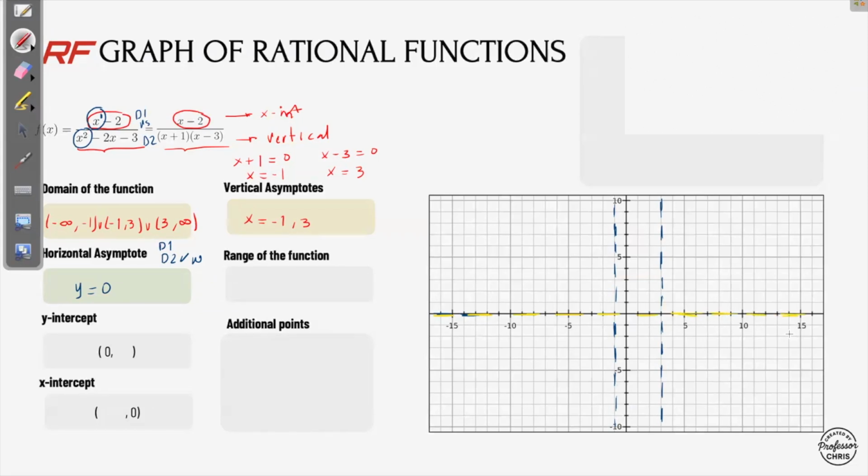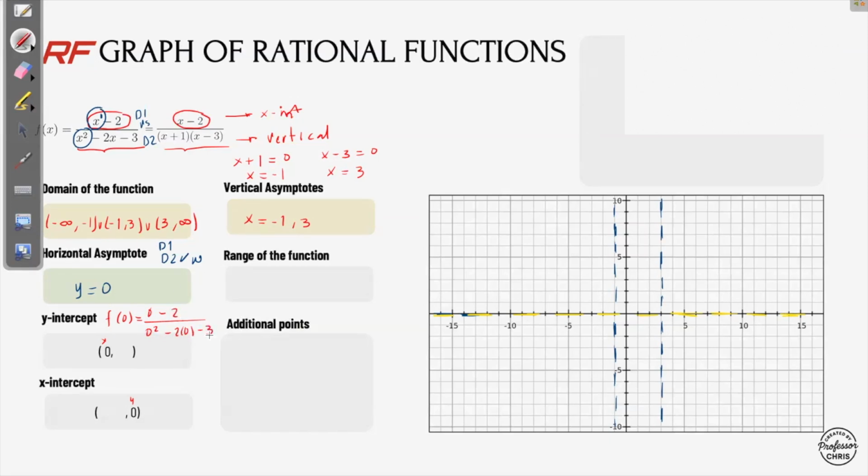And now it will be time to find the x and the y intercept. Just remember the answer to the question, how much is y when x is 0, and how much is x when y is 0. If you plug in x of 0, you're going to end up with 0 minus 2 divided by 0 squared minus 2 times 0 minus 3.